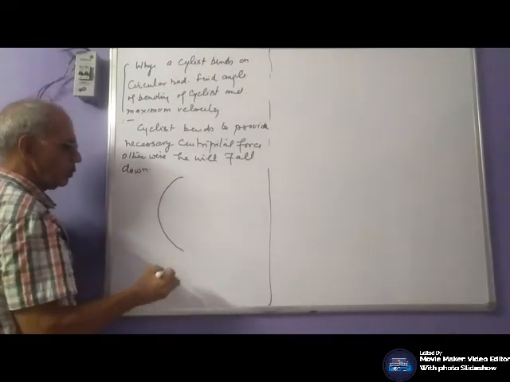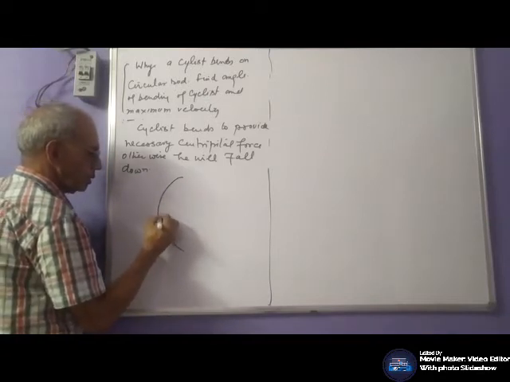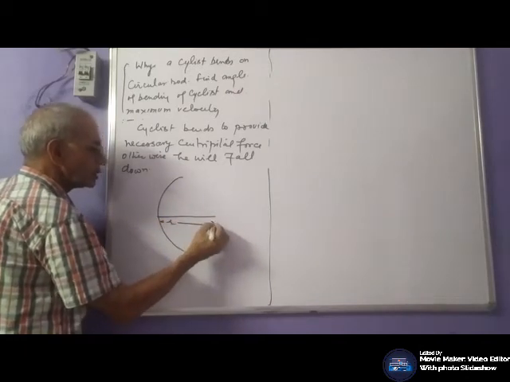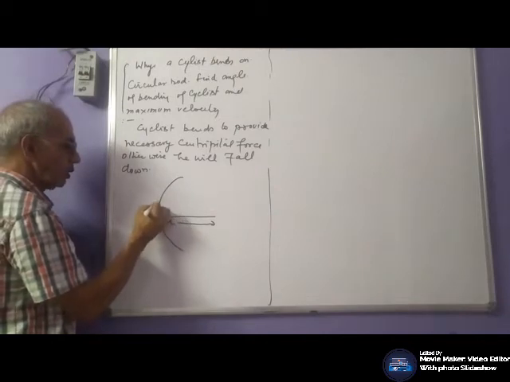This is that circular path. This is the radius of that circular path. This is normal.